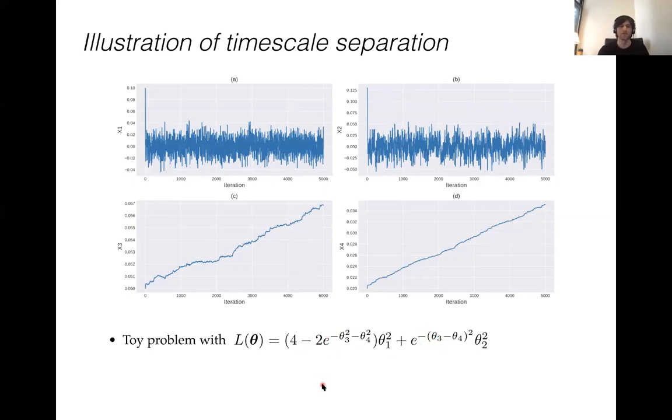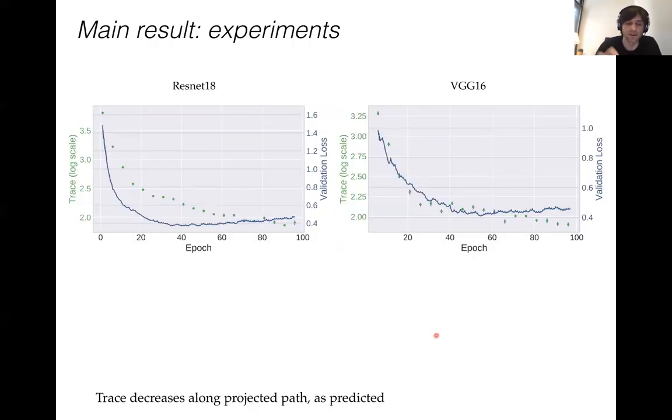And if you do a toy version of SGD on this, what you find is that in the directions 1 and 2, you quickly equilibrate and you just bounce around in these 1 and 2 directions, and then you get slow motion in the 3 and 4 directions that presumably decrease the sum of these 2 quantities. Great. So that's our theoretical result.